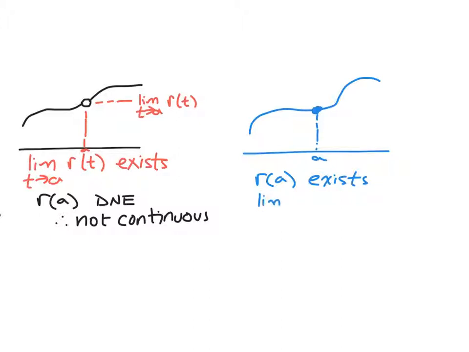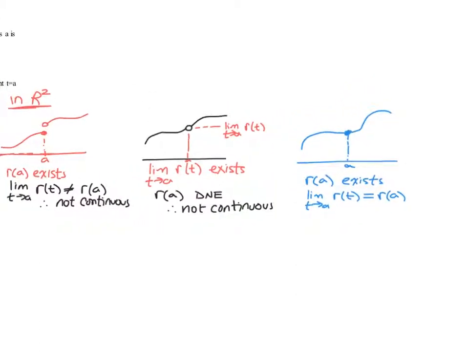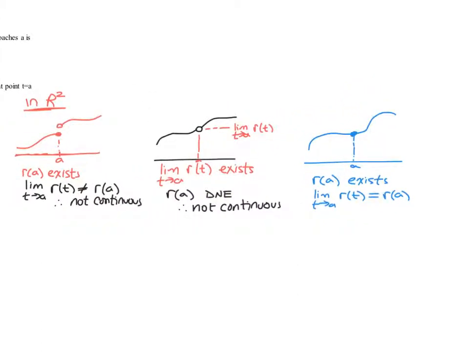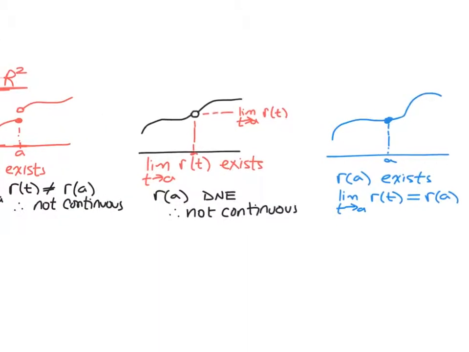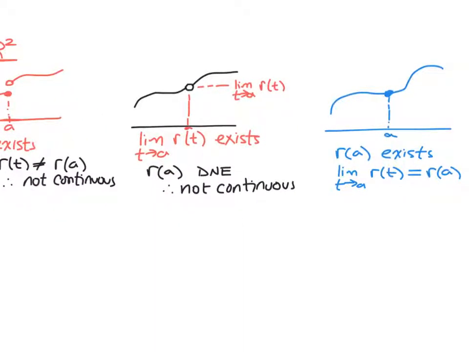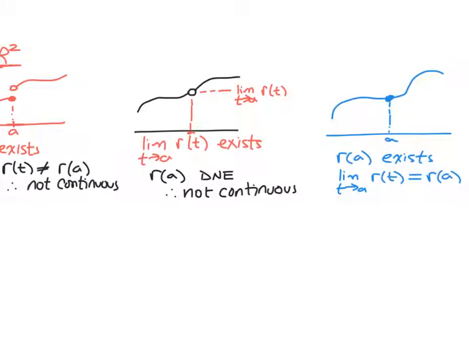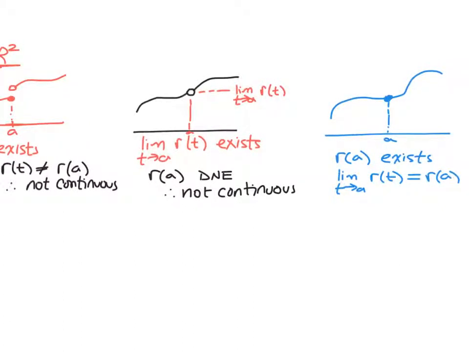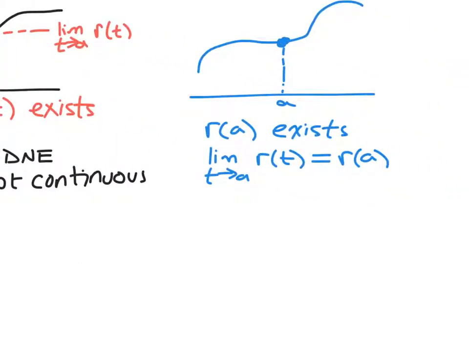The limit as t approaches a of r of t also exists and specifically is equal to r of a. So three distinct situations, each giving different outcomes. In this last instance, oh, I didn't write it. Therefore, this one would be continuous.